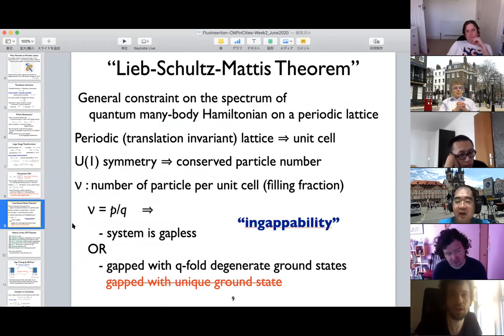You mean the spinful electron with half filling, so each site can accommodate up and down spin electrons, but there is one electron per site.